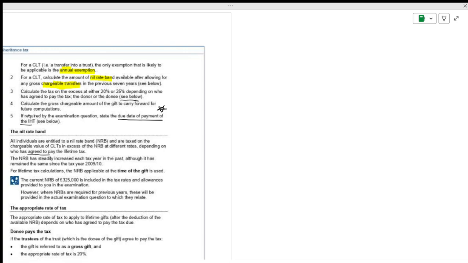The NRB increased steadily each tax year in the past, although it has remained the same since 2009-10. For lifetime calculations, the NRB applicable is that at the time of the gift. The current NRB is how much? 325,000, which is included in the tax rates and allowances provided in the exam. However, NRBs for previous years are required; this will be provided. Fine, no problem.